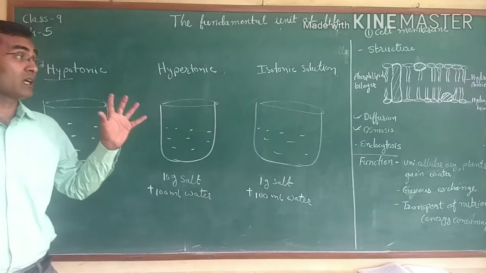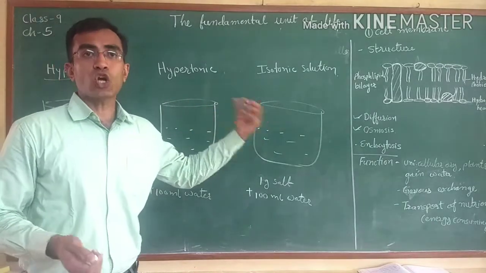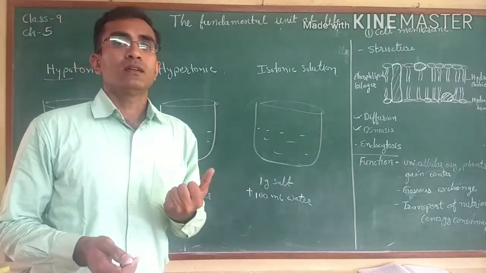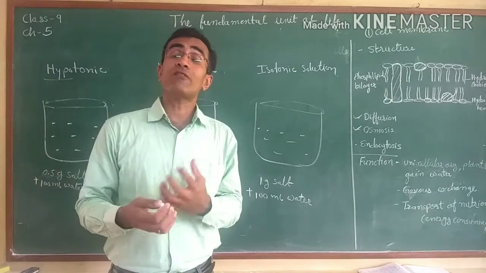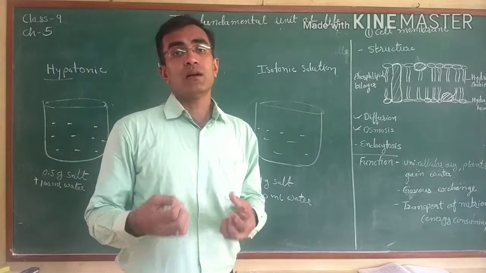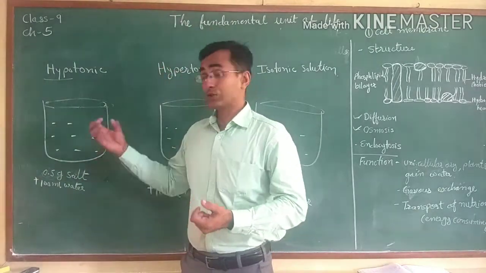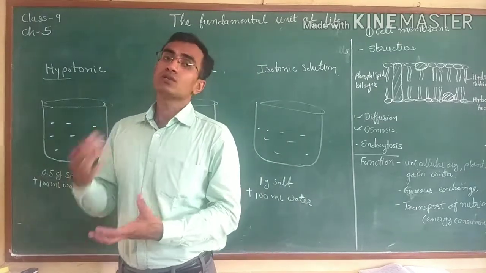Now we will make three different types of solution and we'll see what will happen if we put a plant or animal cell into those three different types of solution.